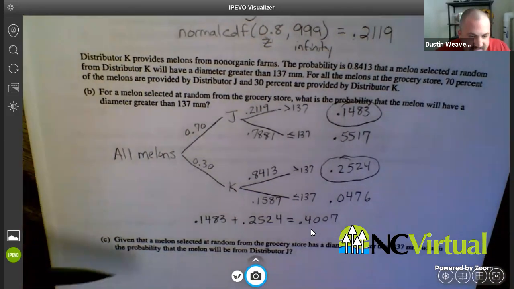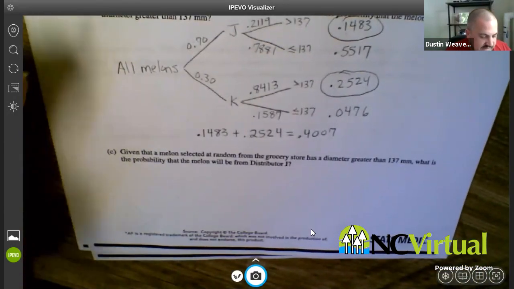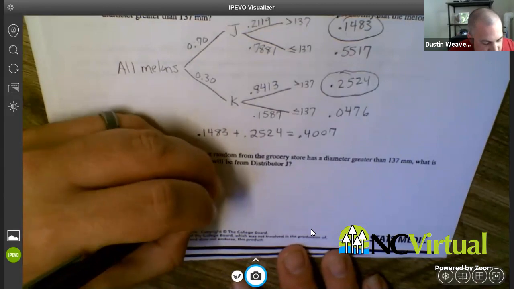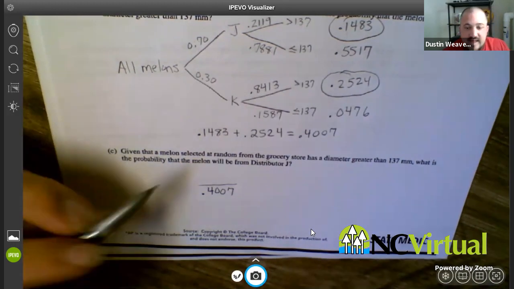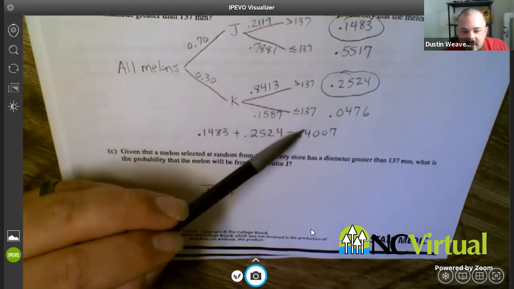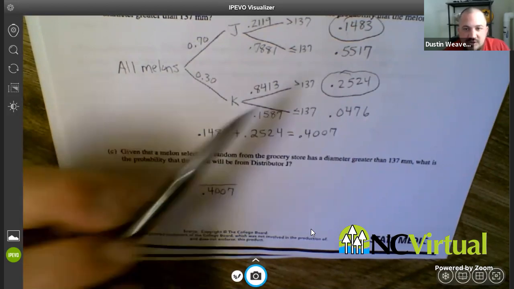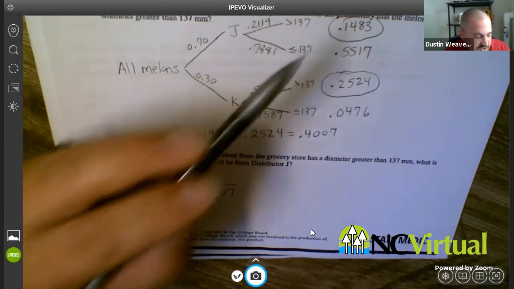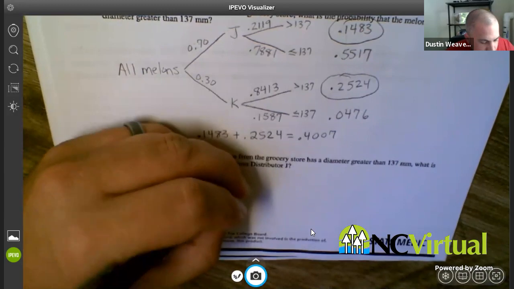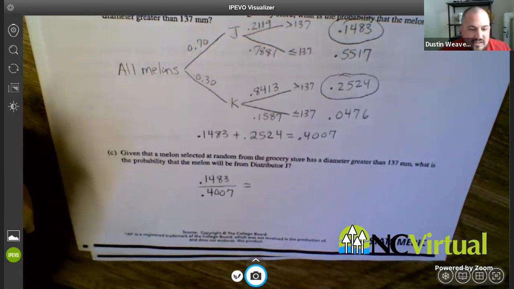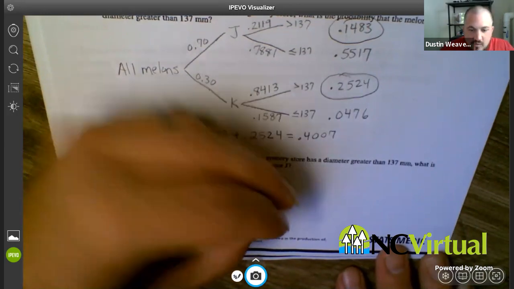All right. Part C says, given that a melon selected at random from a grocery store has a diameter greater than 137. So if we're given that, that is our denominator. The melons that have a diameter greater than 137. That's going to be our denominator. What is the probability that the melon will be from distributor J? Well, these are the ones from distributor J out of that. So that's 0.1483 over 0.4007, which gives you 0.3701.